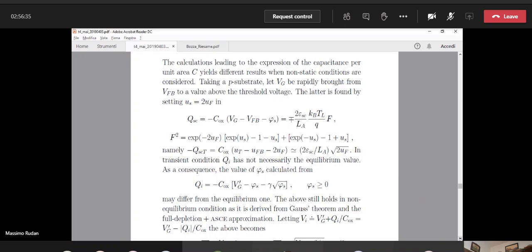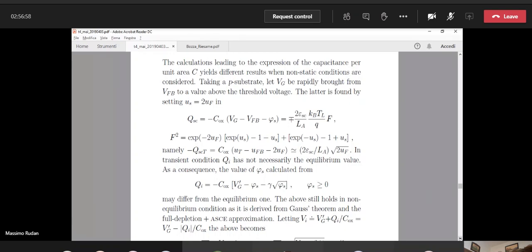All the theory of the MOS capacitor so far has been considered in the static situation. Simply, we assume that the applied voltage is a constant. The gate voltage is a constant with respect to time.